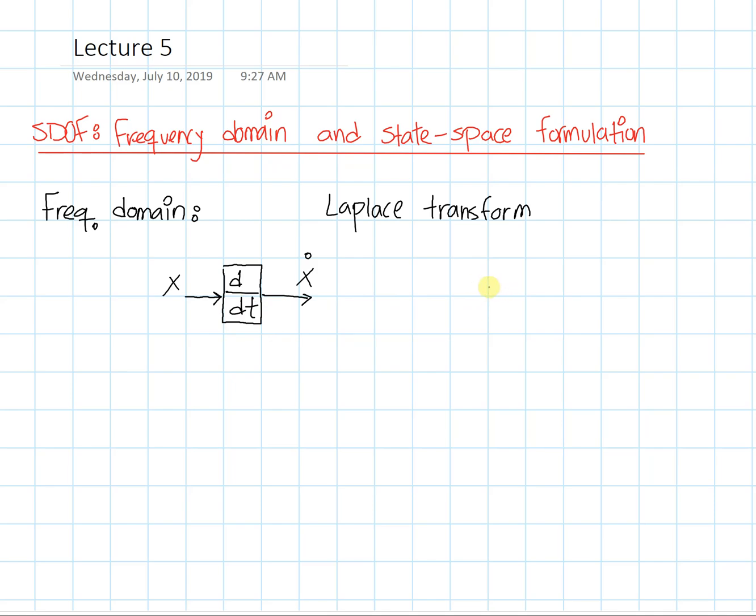We have this Laplace variable s, which stands for derivatives, and by simply multiplying any variable with this Laplace variable, we get the derivative of that variable. This is something we're going to discuss, and to begin with, let's introduce Laplace transform.